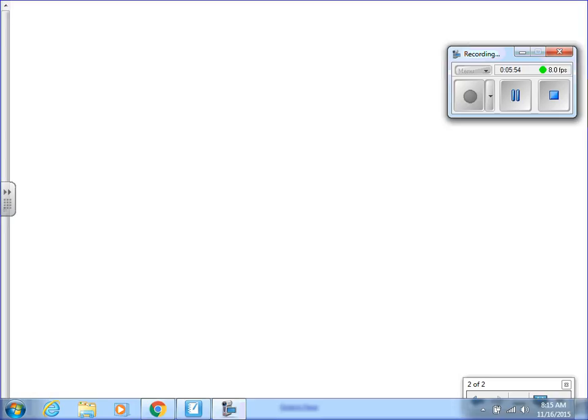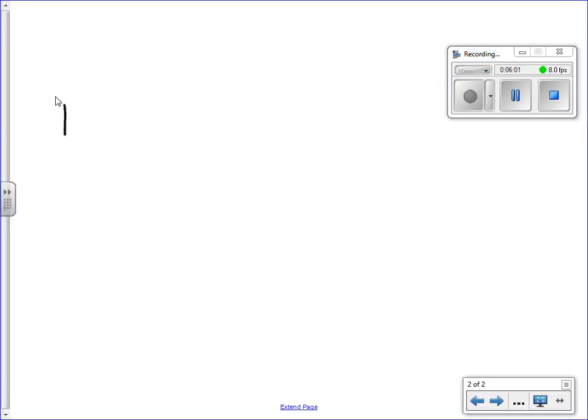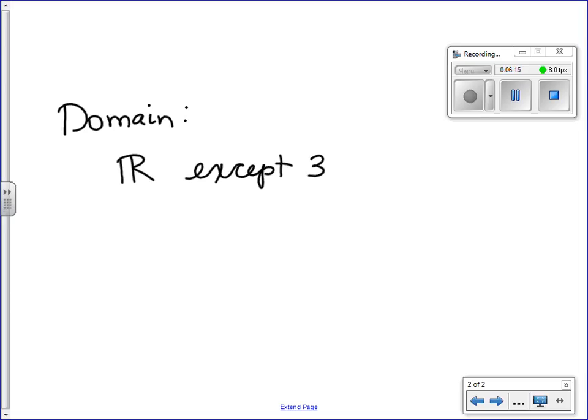Right, if I put 3 in for x, so my domain, I could say it's all real numbers except 3. Okay. I could write it as negative infinity to 3, and then 3 to infinity.